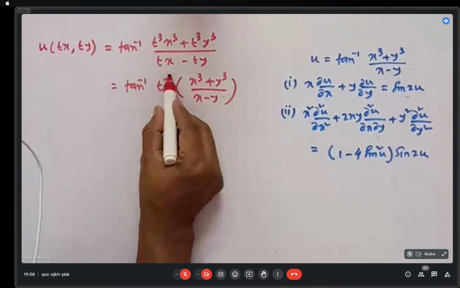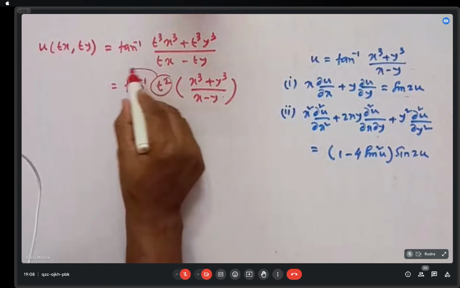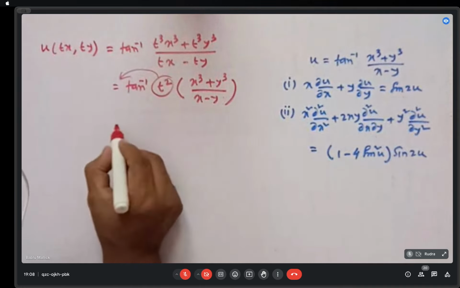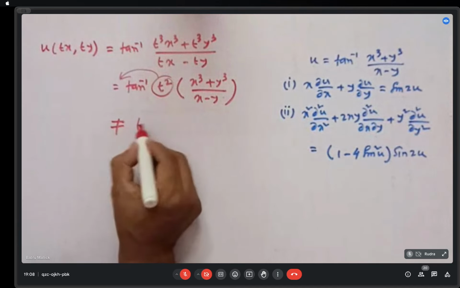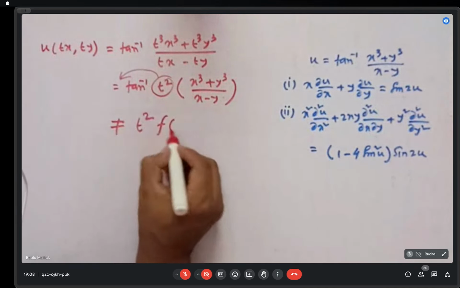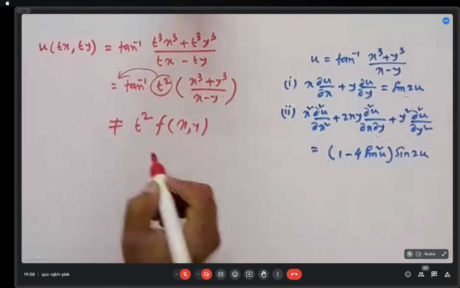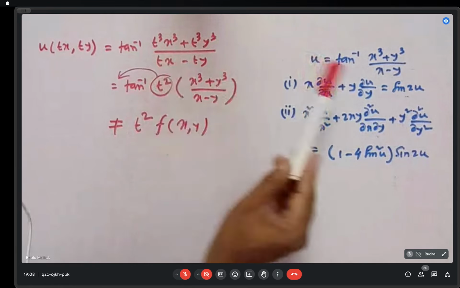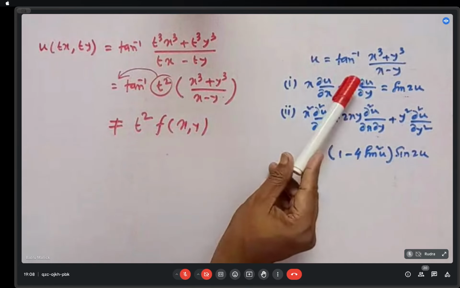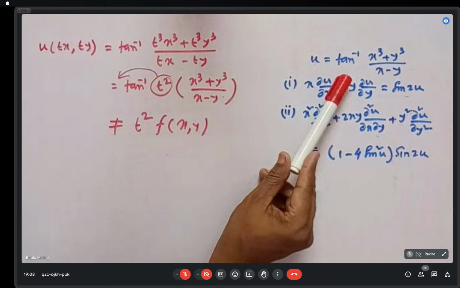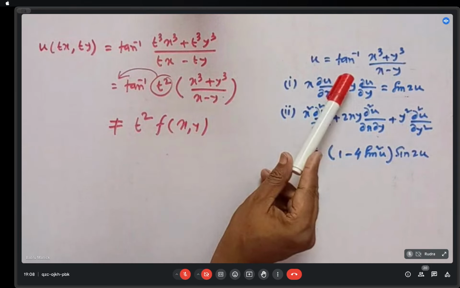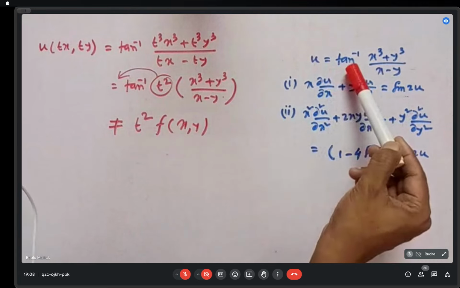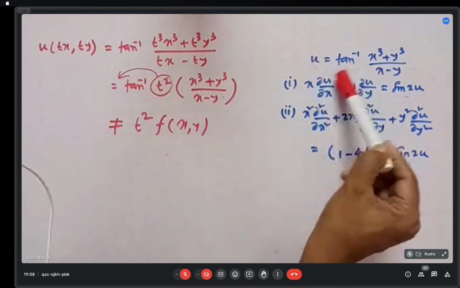We cannot take t square outside tan inverse, so it is not possible to write this as t square into a function of x, y. So tan inverse of (x cube plus y cube) divided by (x minus y) is not homogeneous. That is why I shall consider the tan u function.